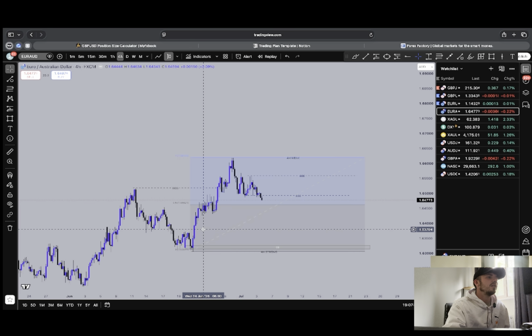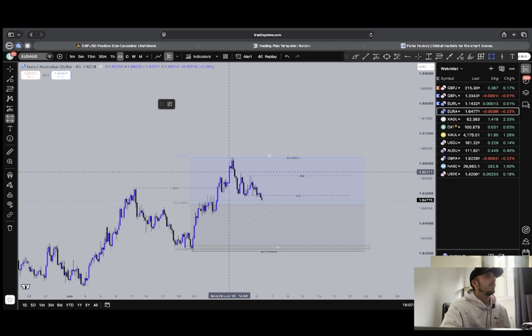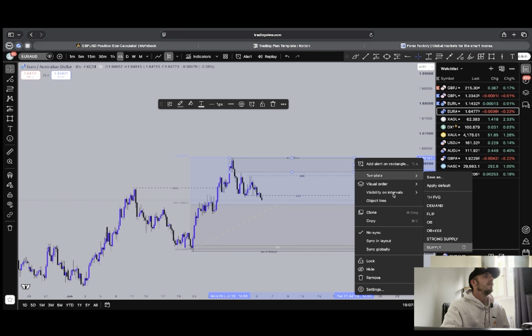So it's a strong, weak supply. I mean, an order block due to fair value gap right there.